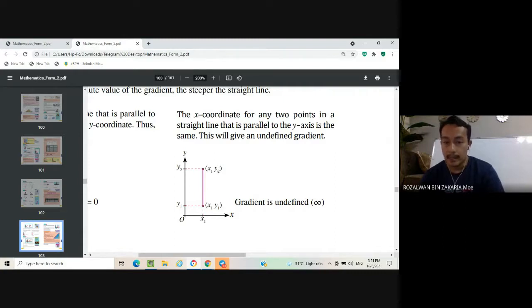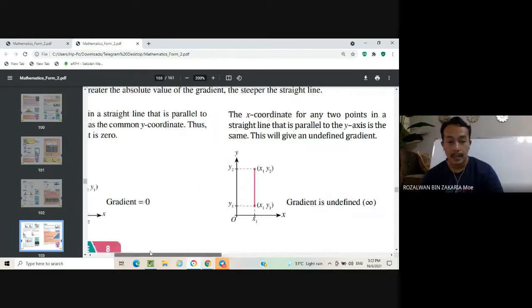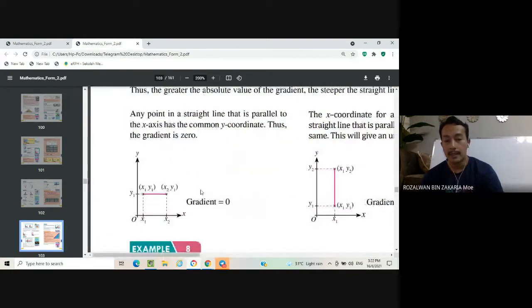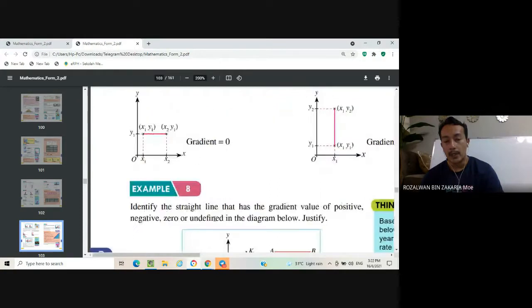The shape of the graph is a straight line parallel to the y-axis. So you have to remember the shape of the graph if the value of the gradient is infinity or undefined, and also if the value of the gradient equals 0, like this.